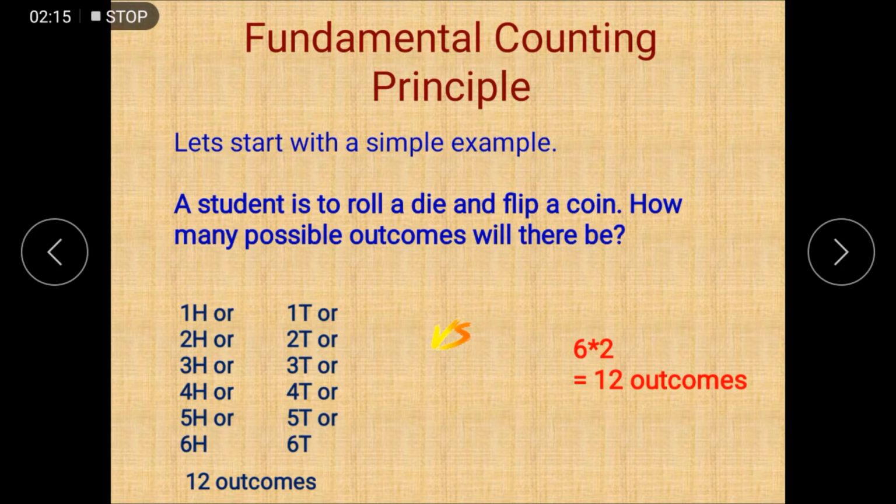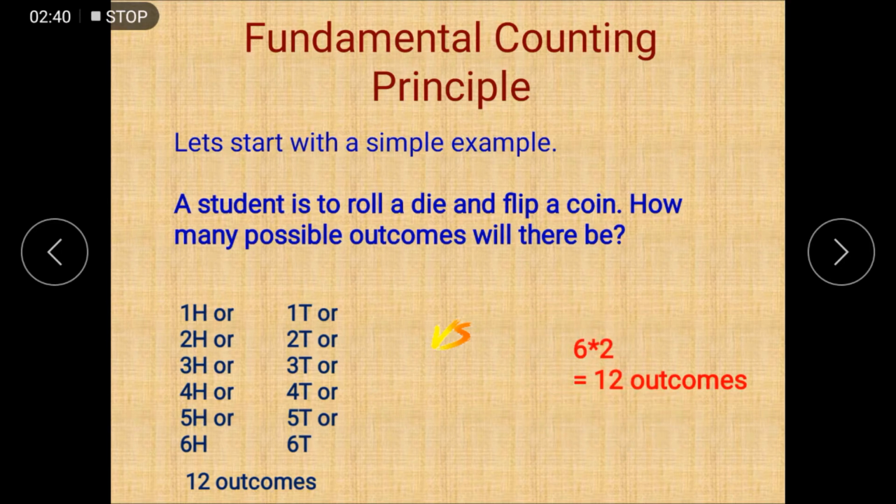The counting principle says that a die has 6 outcomes. This number 6 is from the first event, then the 2 is from the second event. If these events happen together, we multiply them and we will have 12 outcomes.